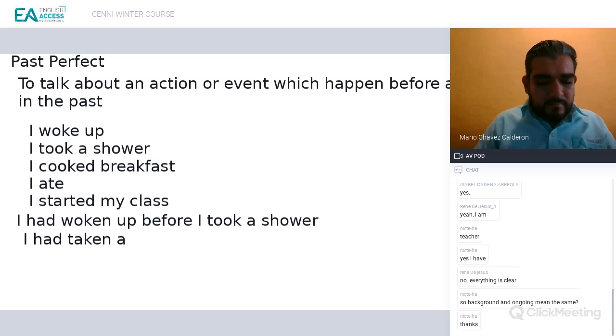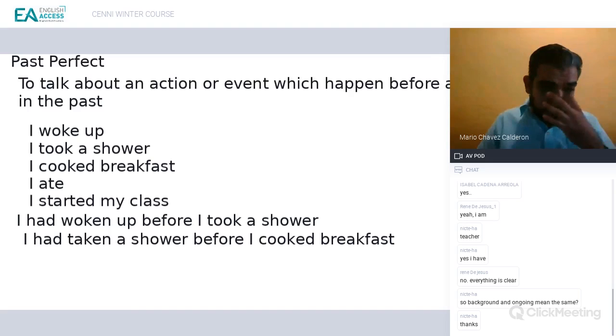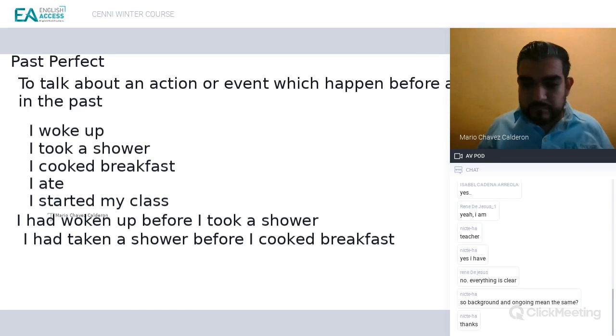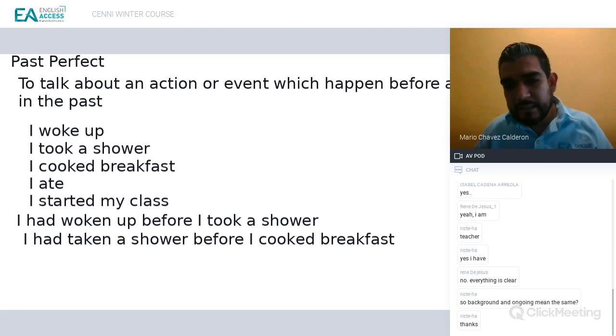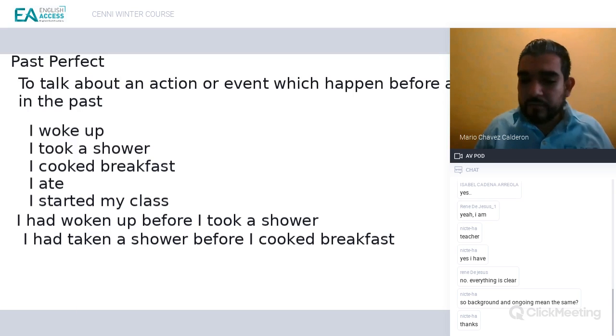I had taken a shower before I cooked breakfast. Had taken a shower is the first activity. Cook breakfast is the second. So had taken a shower goes in past perfect.